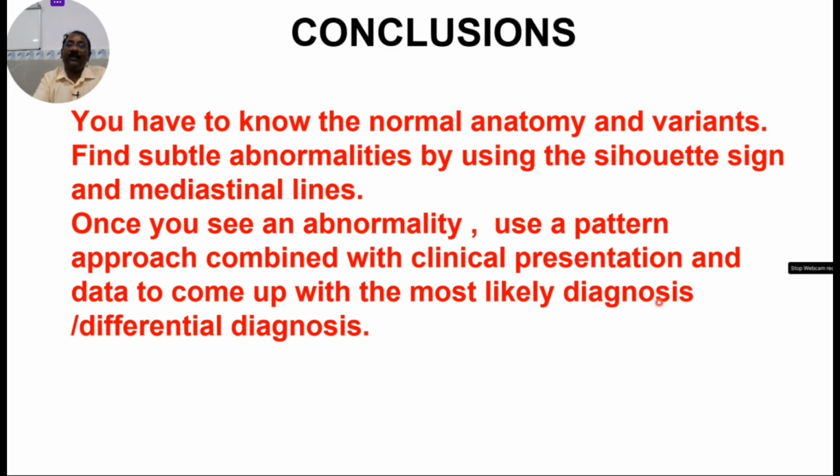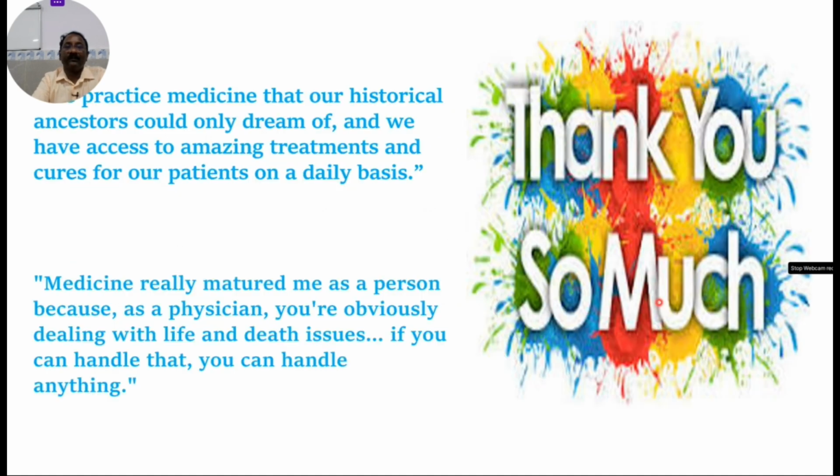Find subtle abnormalities by using the shell-out sign and the mediastinal lines. Once you see an abnormality, use a pattern approach combined with the clinical presentation and data to come up with the most likely diagnosis. Even if you are not able to come to a reasonable diagnosis, at least you will be happy with your differential diagnosis. So thank you very much for your patient hearing.